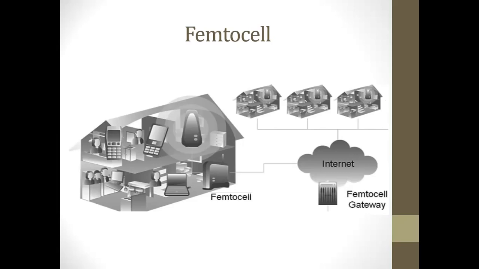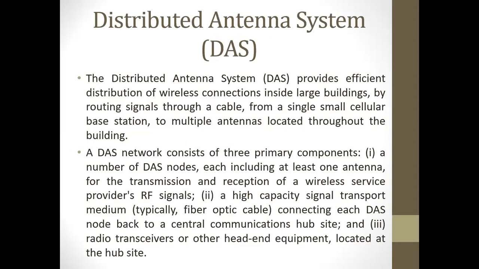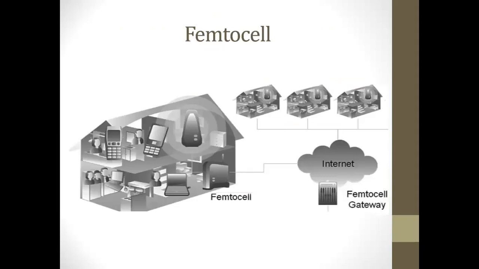So you may want to install a femtocell inside, so you have enough coverage and can use the cellular services with good quality. The key problem is the penetration losses.